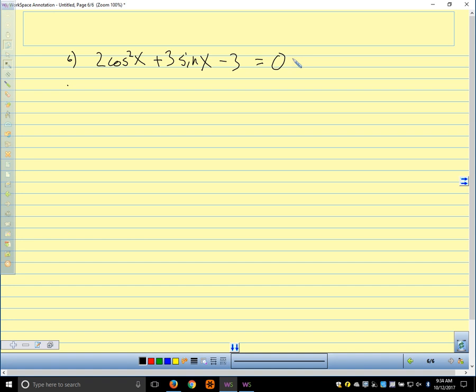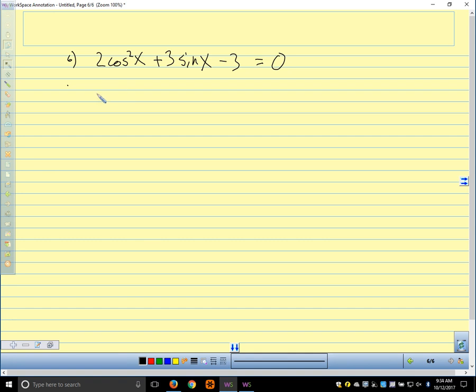We have cosines and sines, and we don't have any common factors that we could factor out like we did in the example two examples ago. But what do we have? We have a cosine squared. We have a nice relationship between cosine squared and sine squared. So we can use an identity.